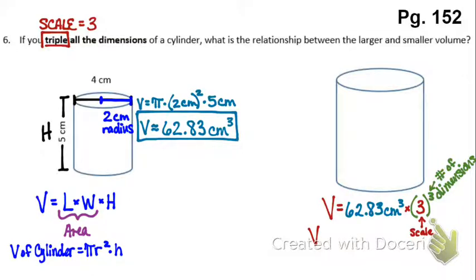We're going to round it to 2 decimal places as well. Yes. 1,096.41 centimeters cubed. Beautiful.